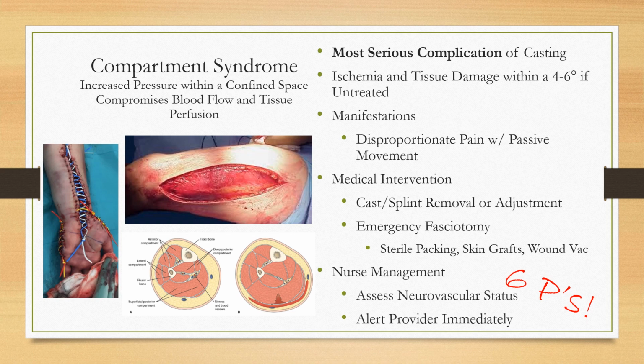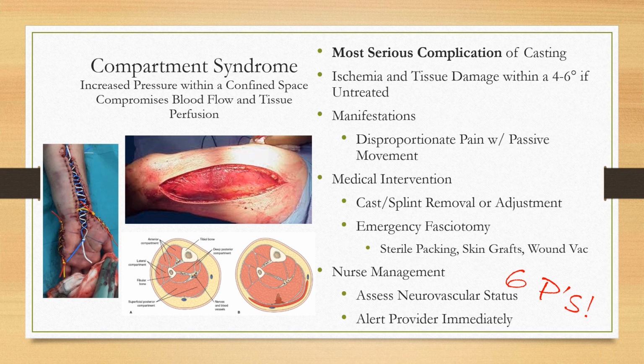So if there's an injury, whether it's a fracture or a crush injury or incredible amounts of edema within one of these compartments, the pressure builds and builds and builds until the muscle starts to die because of ischemia. The blood supply distal to the compartment, so the arteries start to be compressed, and also the nerves start to die because of all the pressure within the compartment.